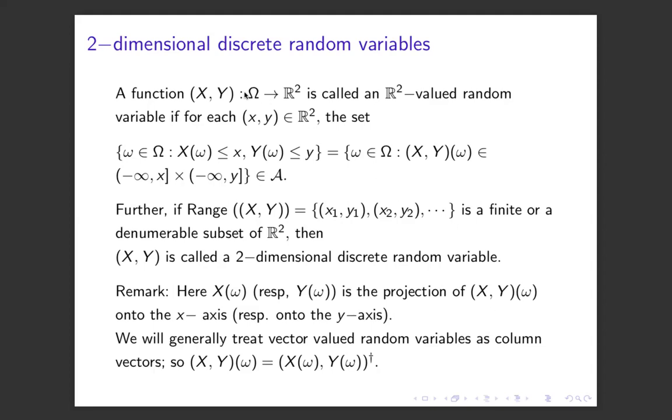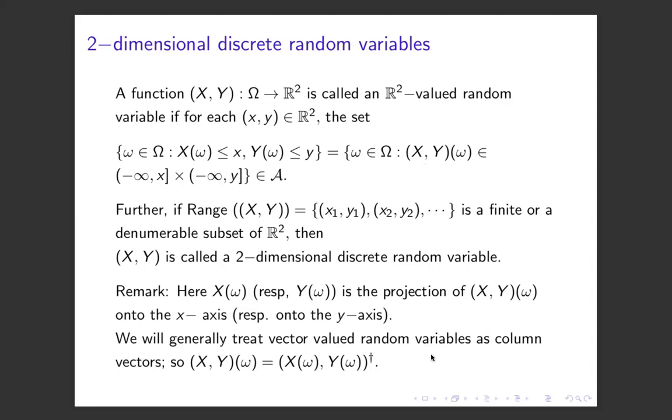Note that for any little omega in capital Omega, this is a point in R2, namely a vector. So that vector's x coordinate and y coordinate we denote respectively by X(omega) and Y(omega). And this is one convention we generally make for various things.